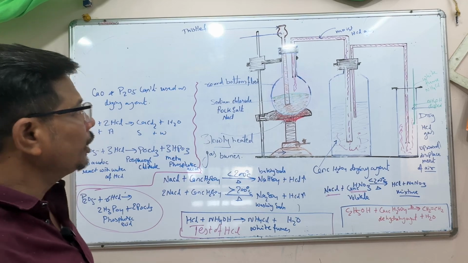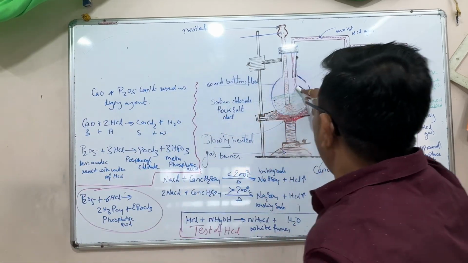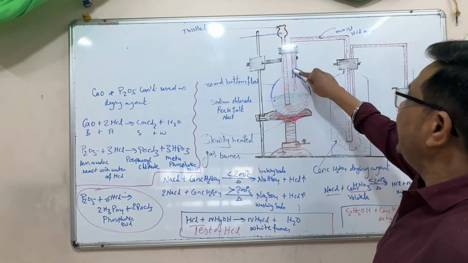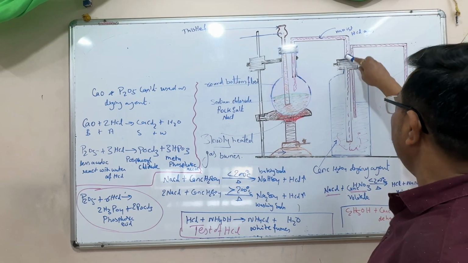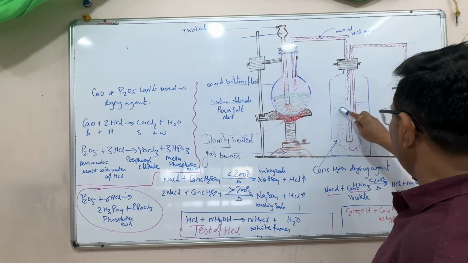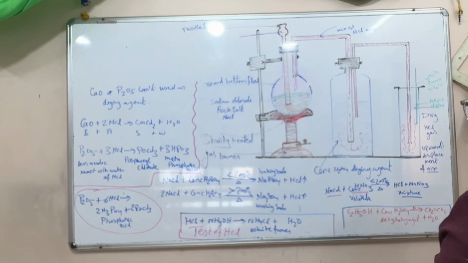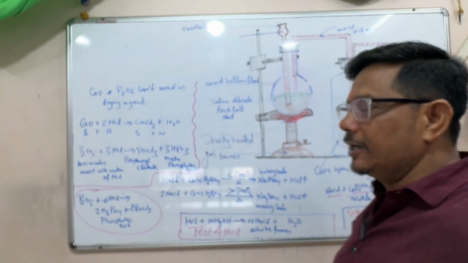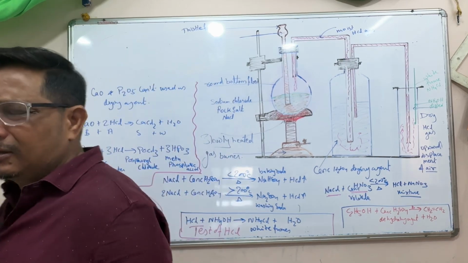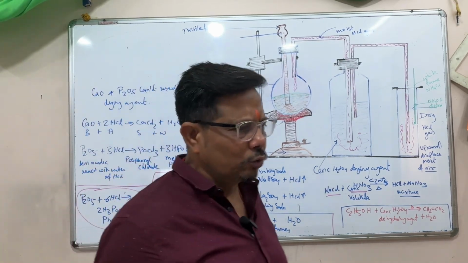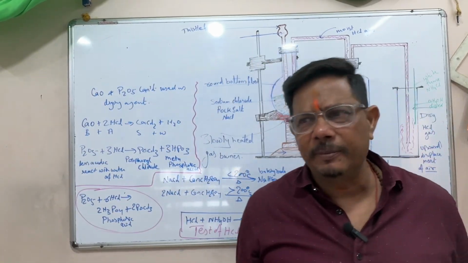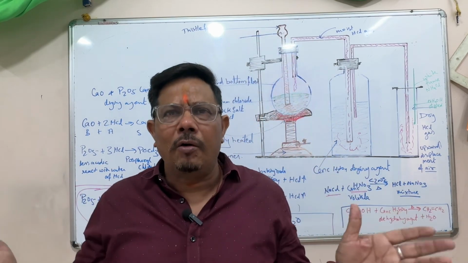Now this HCl will go up because it is lighter, and it will pass through this tube, and here we keep concentrated sulfuric acid as a drying agent. Concentrated sulfuric acid is used as a dehydrating agent because of removal of water molecules.